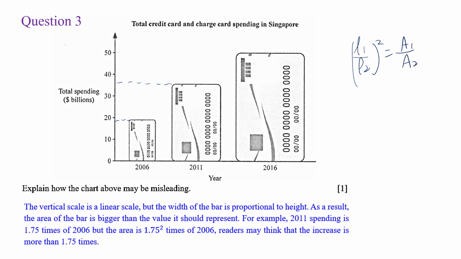Then the area in 2011 is actually 1.75 squared times bigger than in 2006.